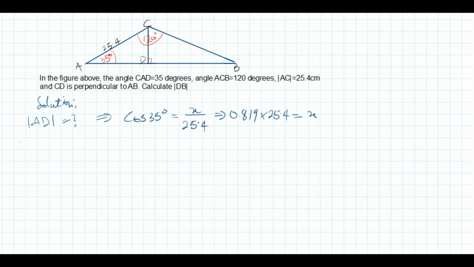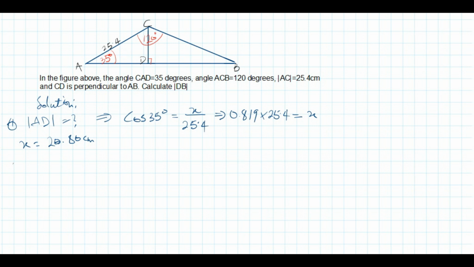So now our x, which is our adjacent, will be equal to 0.819 times 25.4, which will give us 20.80 centimeters. So this is our adjacent. Now that's the first part of it. So let me say part 1.